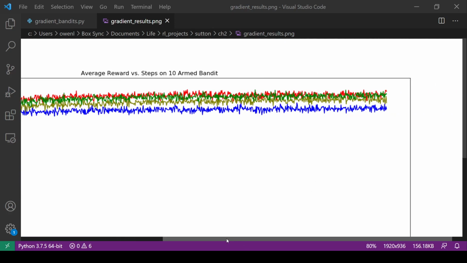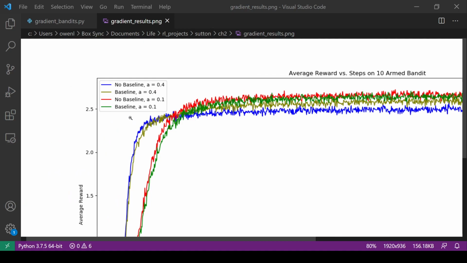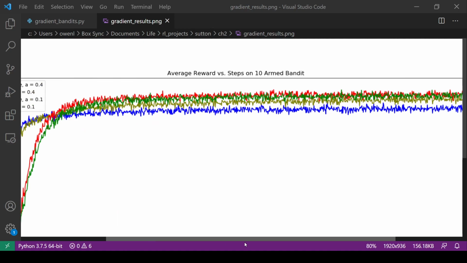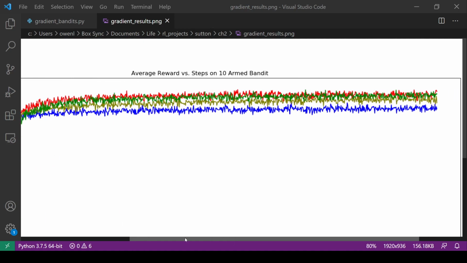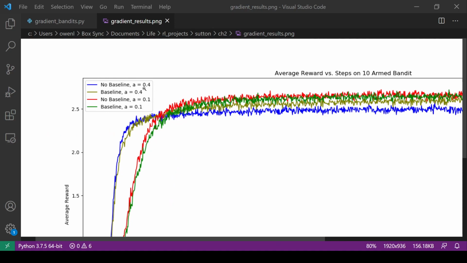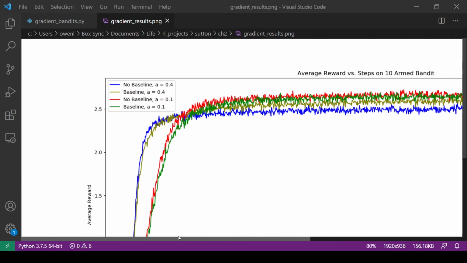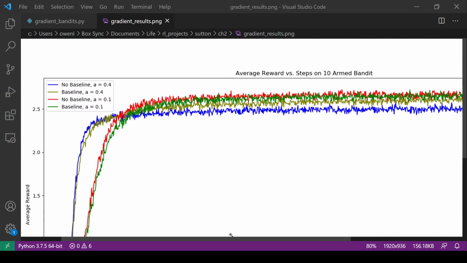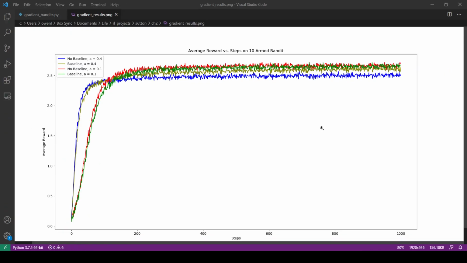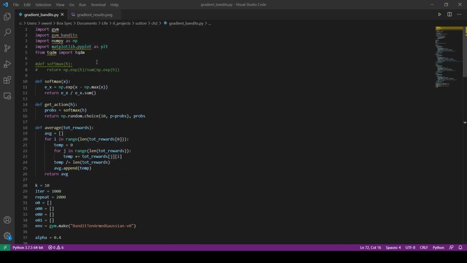You can see that the green and red are pretty close, but for the higher learning rate, the baseline achieves a better policy because it reduces variance. And that's pretty much it. That's the last part of chapter 2, and that is all that we'll be covering today.